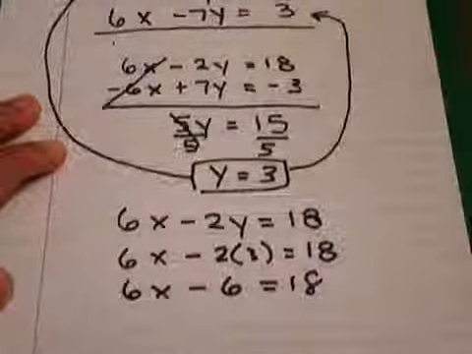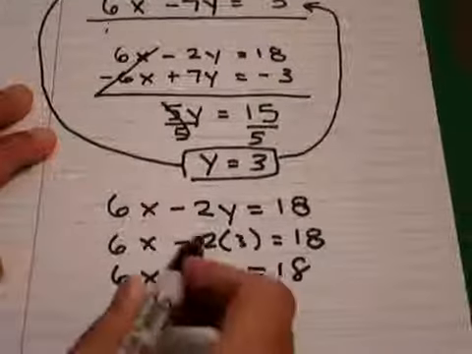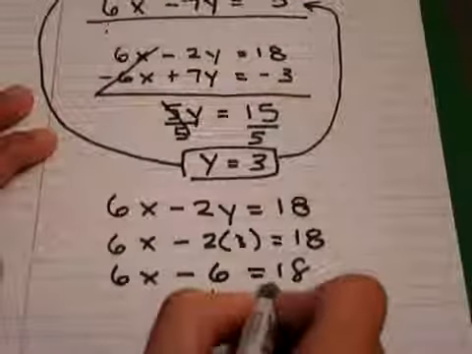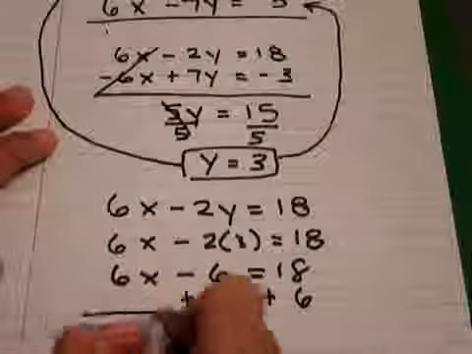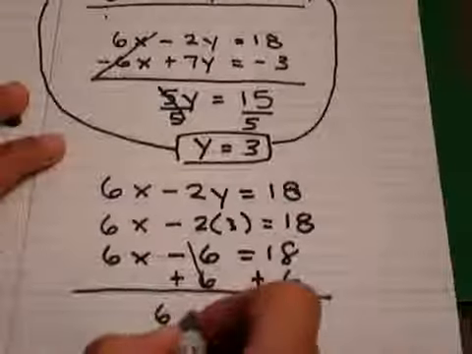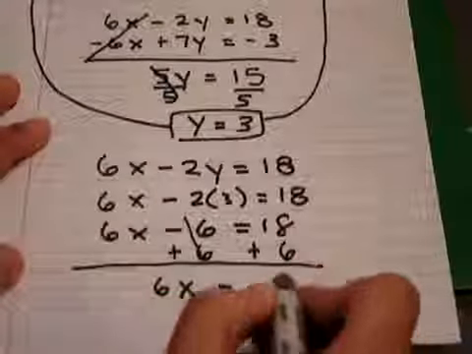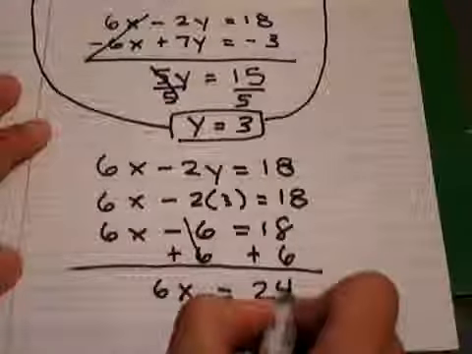Now I'm going to move the -6 to the other side by doing the opposite: plus 6 on both sides. We have 6x is equal to 18 plus 6, which is 24.